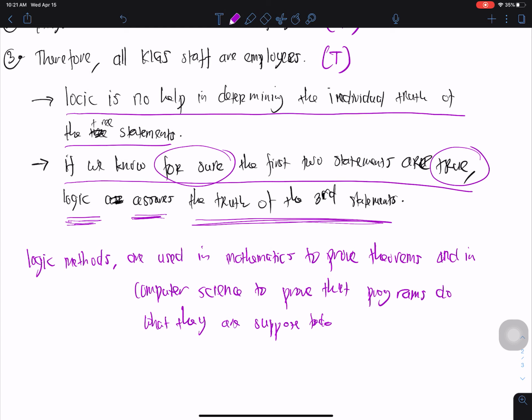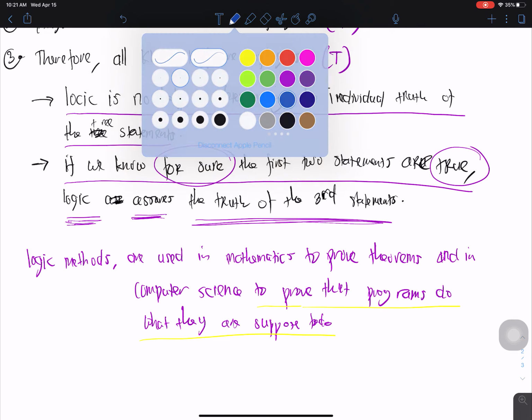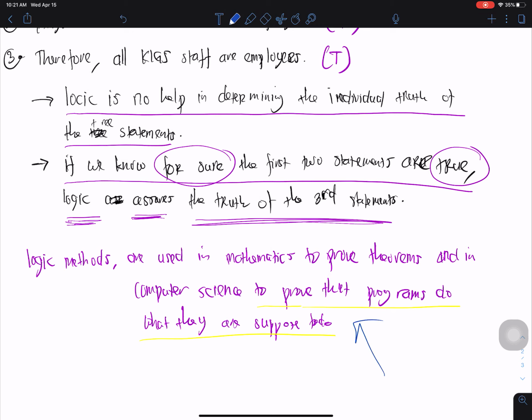So I would like to highlight the last statement here: to prove that programs do what they are supposed to do. In short, this is the objective of formal methods. So it's a system. We said in the first class last week, it is fault avoidance, error avoidance.